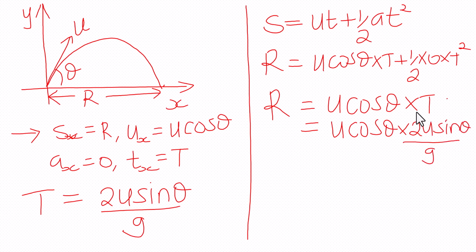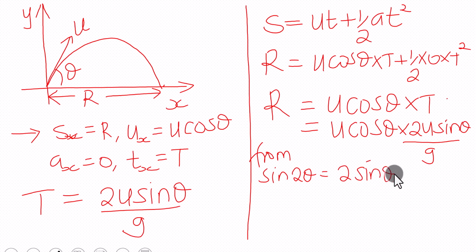So if you use trigonometry knowledge, you realize that 2 cos of theta sine of theta gives sine of 2 theta. You know that? Sine of 2 theta is equal to 2 sine theta cos theta.